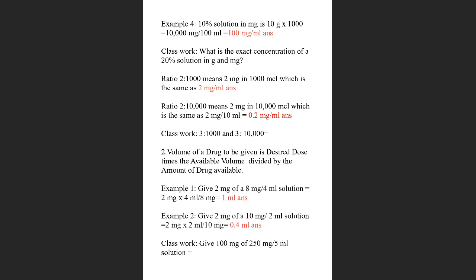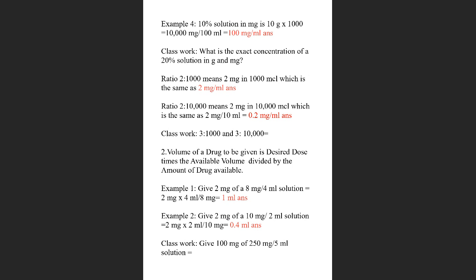So again, if you have a solution which is 2 in 10,000, like the epinephrine that is given in cardiac arrest, which is a medication you will not be required to give, I'm just using it as an example. So the cardiac arrest epinephrine is 1 in 10,000.